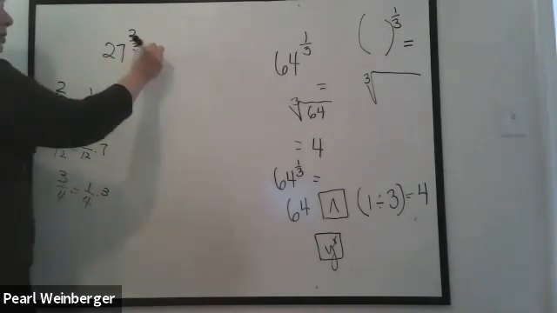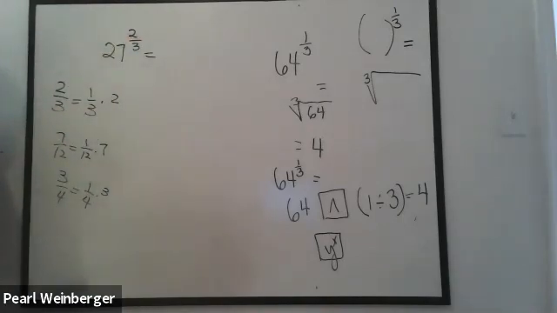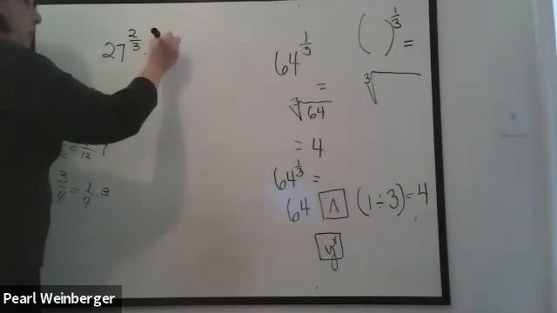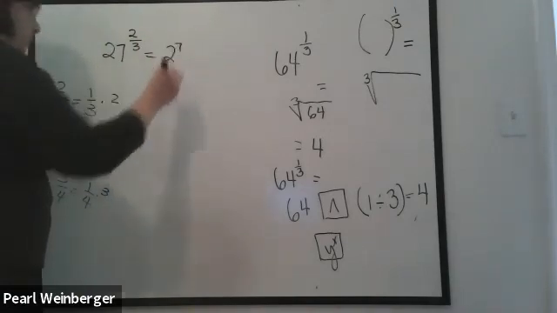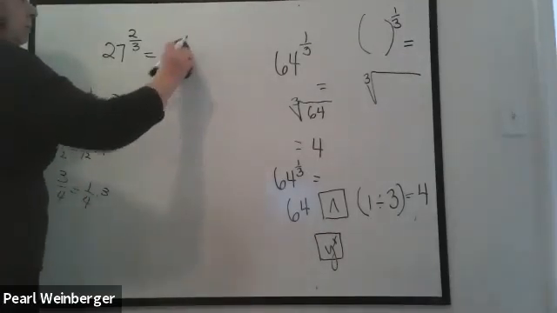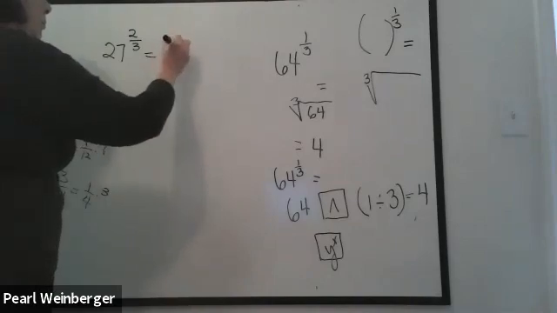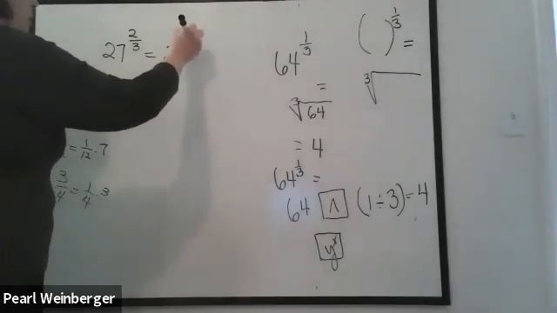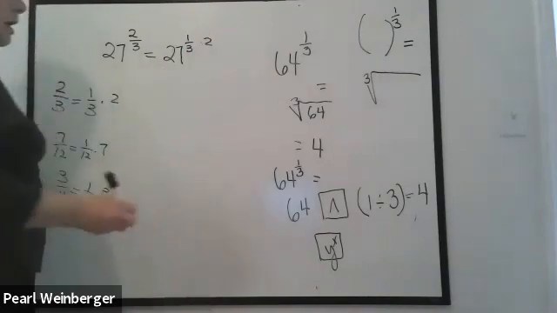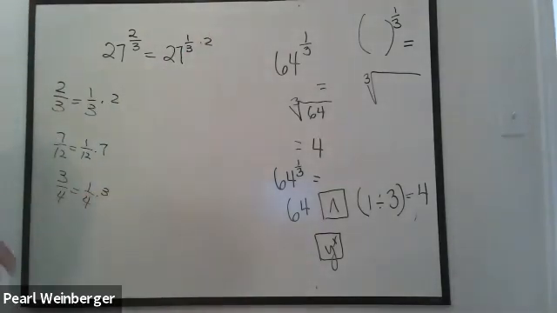So when I look at this 27 to the 2/3, what it really means is 27 to the 1/3 times 2 exponent. That's what 2/3 is.